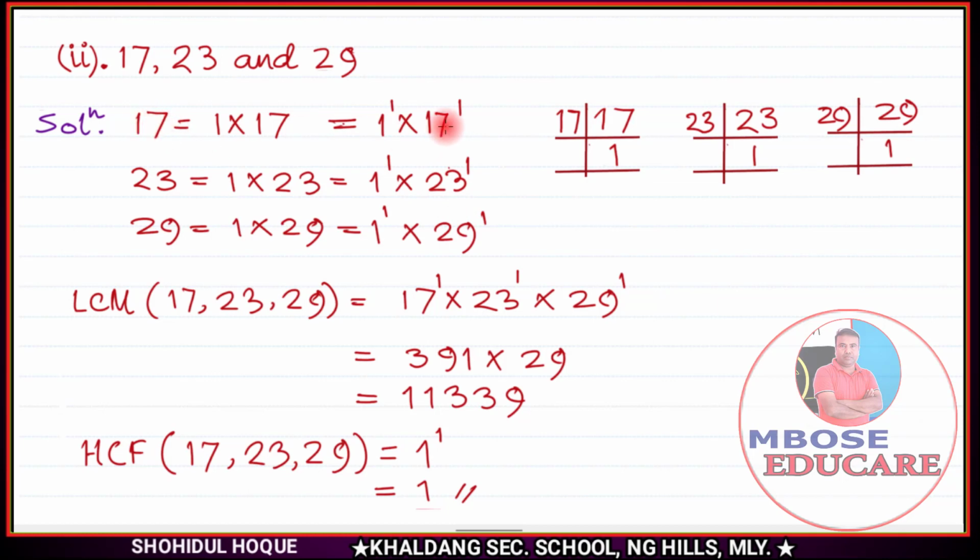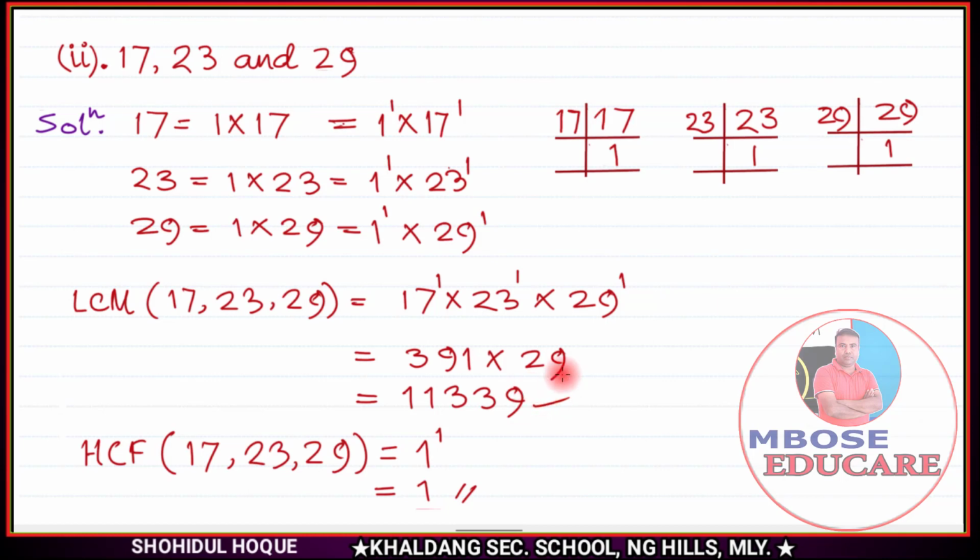From the first integer, 17 is the prime factor, from the second integer, 23 is the prime factor, from the third, 29 is the prime factor. And we have to multiply all. 17 into 23 is 391, into 29 as it is written. 391 into 29, product is 11,339. So this is the LCM.